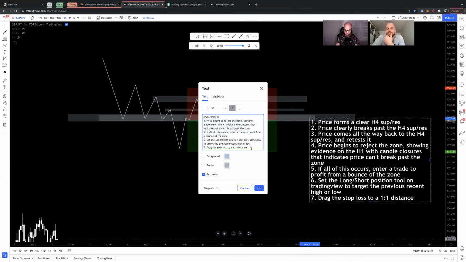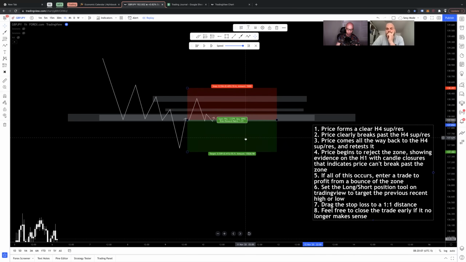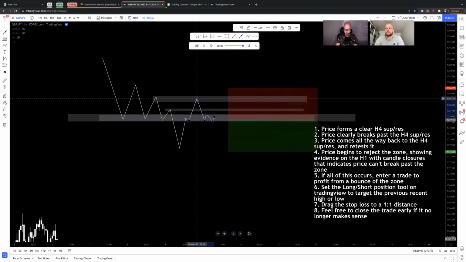and this will be a thing that you develop based on experience, feel free to close the trade early if it no longer makes sense. And we'll go through a few examples here just so we know you're on the same page.